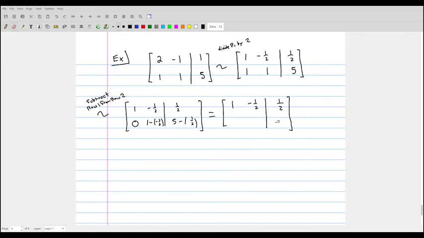And that makes a little bit more sense based on what we got for our substitution before. So 9 halves. This is 0, and then 1 minus negative 1/2 will be 1 plus 1/2, or 3 halves.